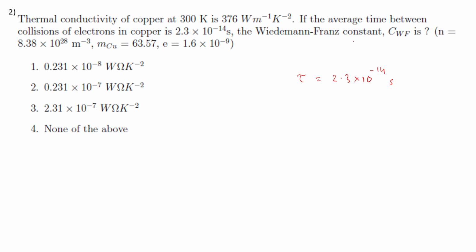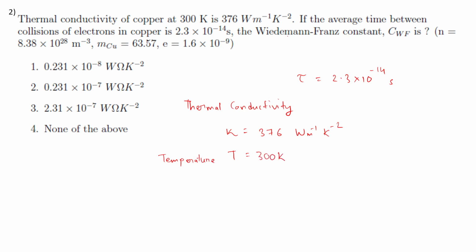So it is asking for the Wiedemann-Franz constant, C_WF, and you have been given the thermal conductivity kappa as 376 watt per meter per Kelvin, at temperature 300 Kelvin.